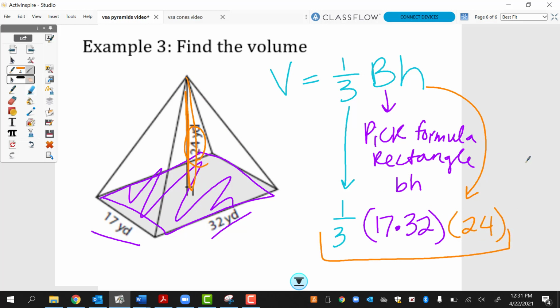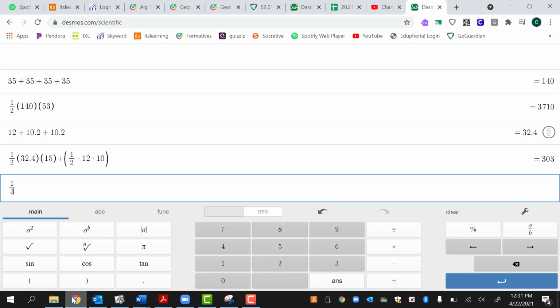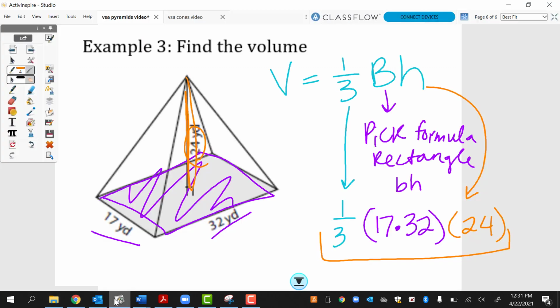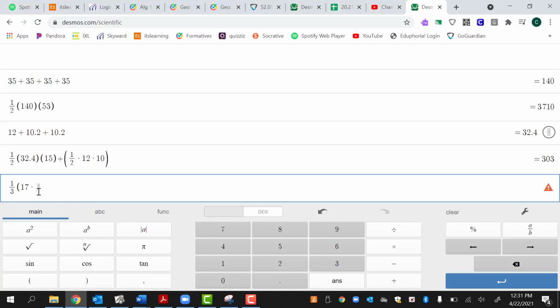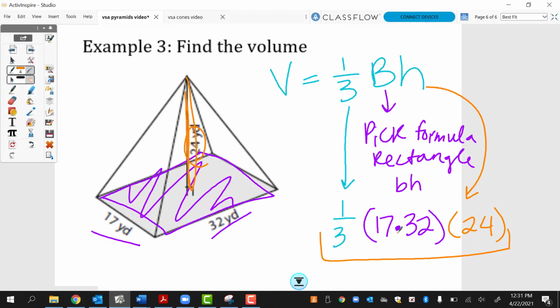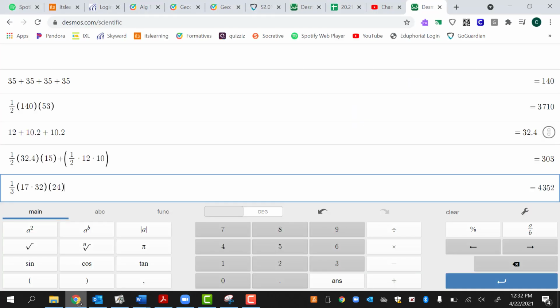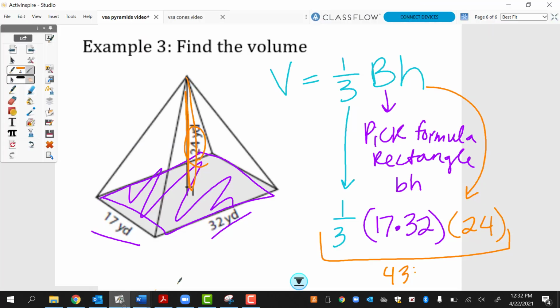So then I'm going to type that in. 1/3 times 17 times 32, parentheses, times 24. I typed it all in at once and I got 4352.